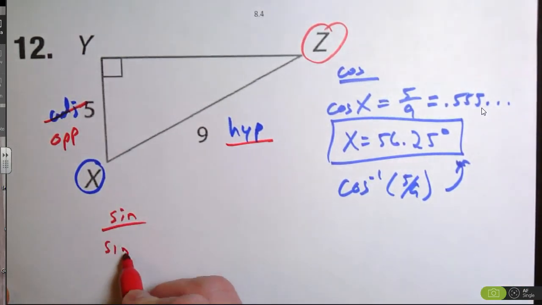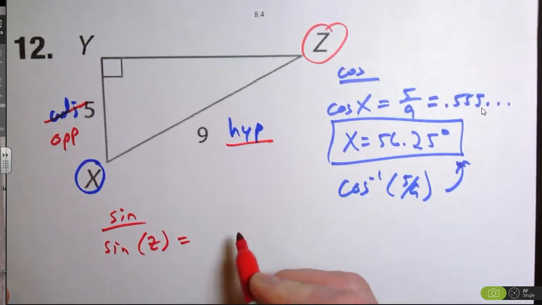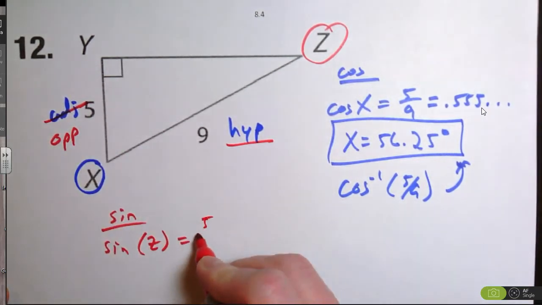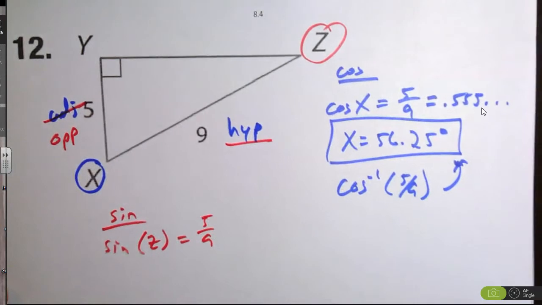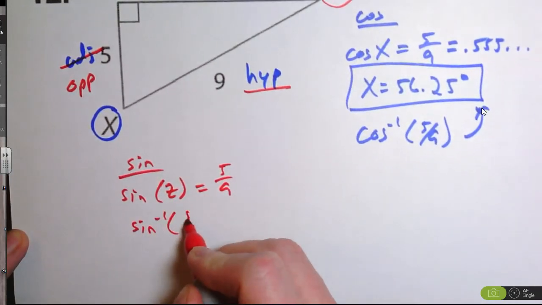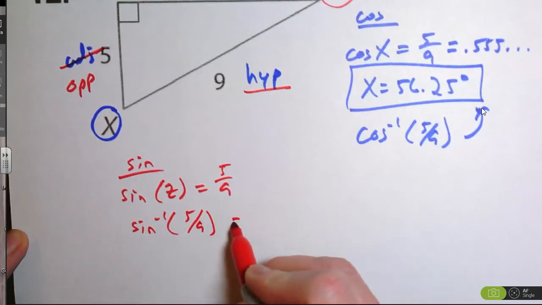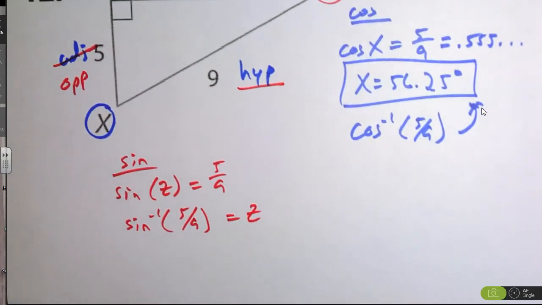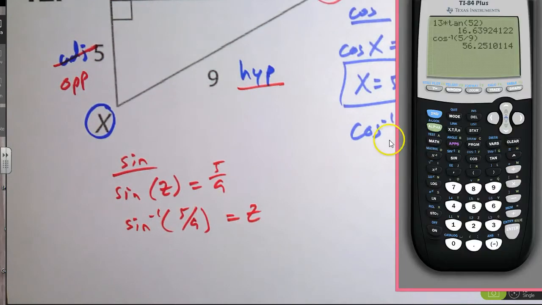So the sine of angle z is going to equal 5 over 9, because that's the opposite over our hypotenuse. So I'll now use the inverse sine to undo that work, and that'll give me angle z. So I go to my calculator, and I do second sine of 5 divided by 9, and I get 33.75.